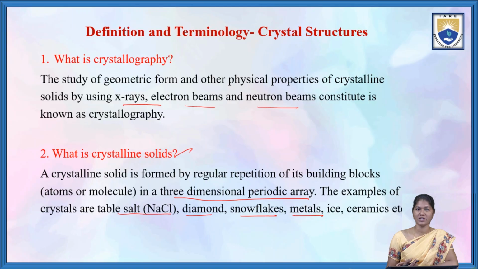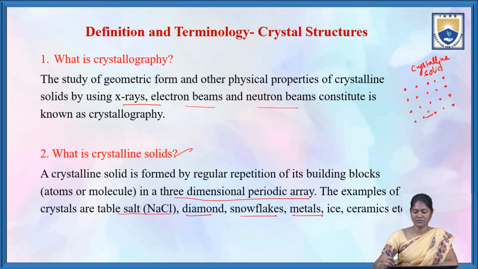So a crystalline solid is formed by regular repetition of its building blocks, that is atoms. Suppose we take a crystalline solid, the atoms are arranged by regular repetitions.